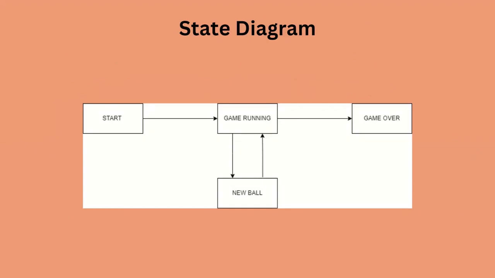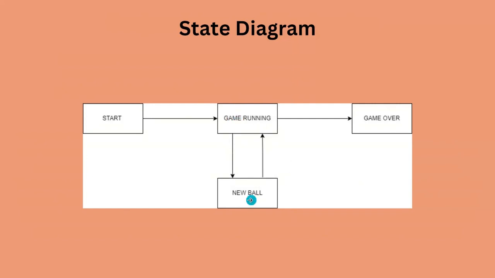Okay, so my name is Ahmad. This is a state diagram, and essentially what is happening here is that the first state is a start state. When you press something on the keyboard, the game moves on to the game running state, and then we can see the balls going around. When the game is in the game running state, we are moving back and forth to the new ball state and then back to the game running state.